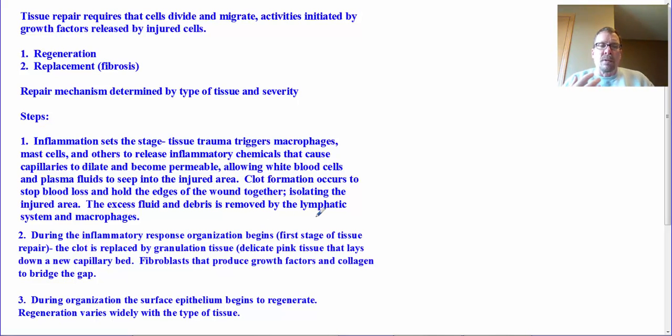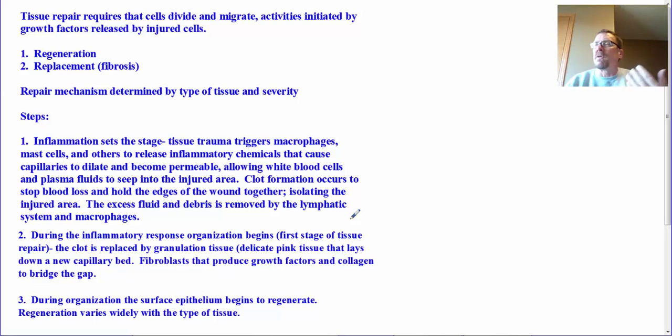And you begin to form a clot with the platelets and the plugs to stop the blood loss and hold the edges together. There's also a walling off of the area so that any pathogens that may have come in with the wound that is exposing you now to the outside world, to try and stop that from creating an infection or spreading the infection outside.